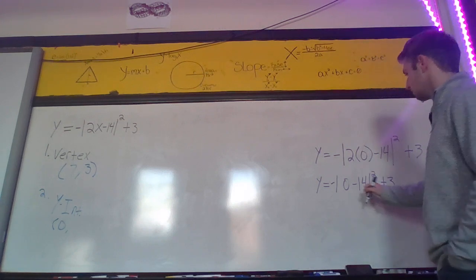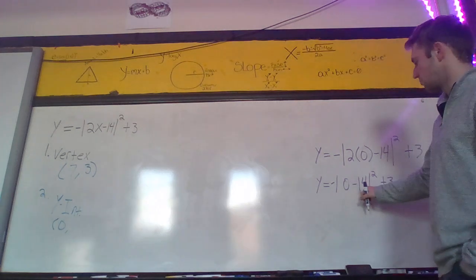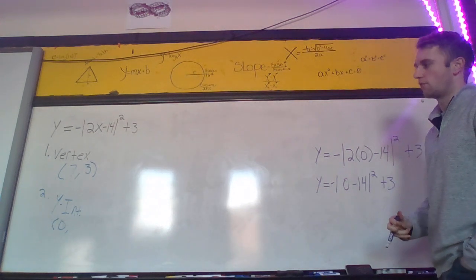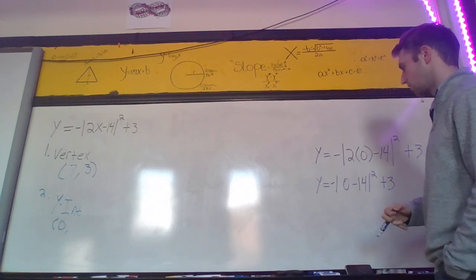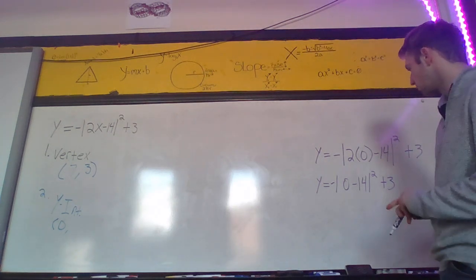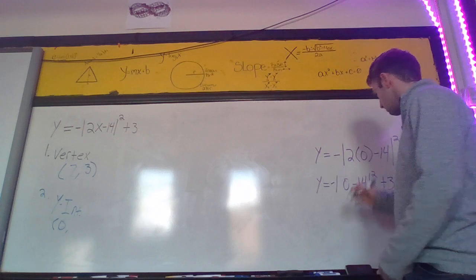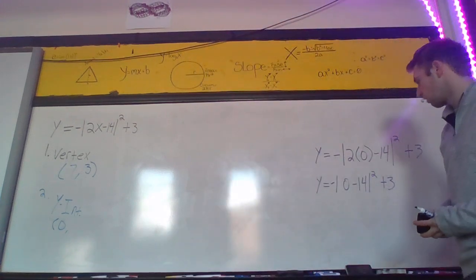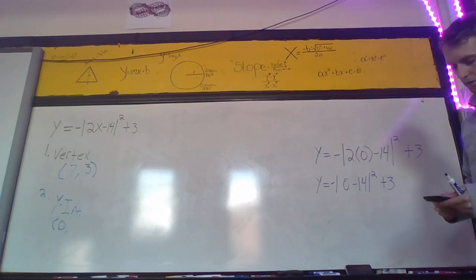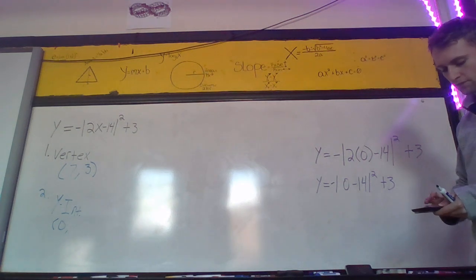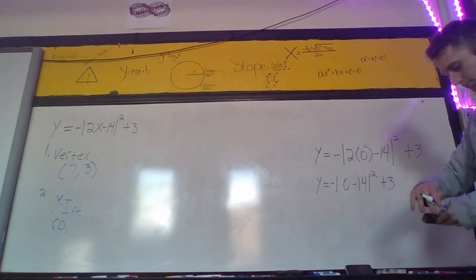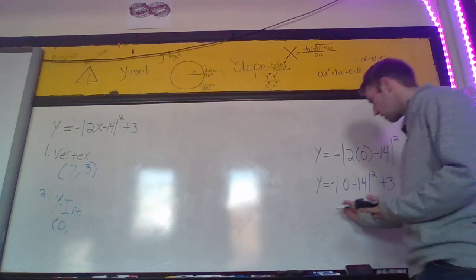This y-intercept is going to be way off of our graph as far as what we actually want to graph out. If we had an endless amount of paper, we could graph it, but we're not going to deal with it. So we go to our calculator: negative 14, the absolute value of that is just 14. 14 times 14 because we've got 14 squared, that's going to be 196.